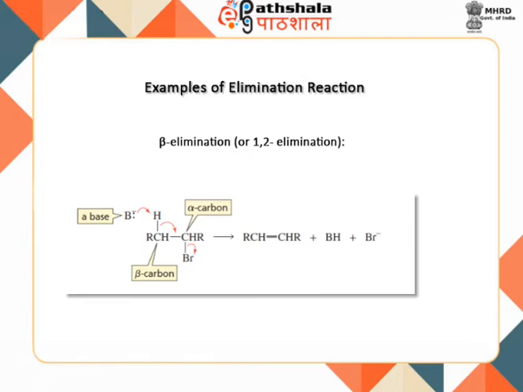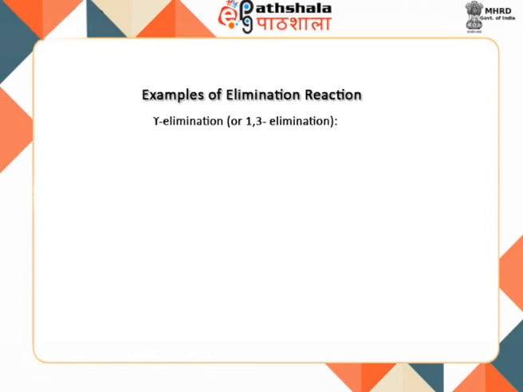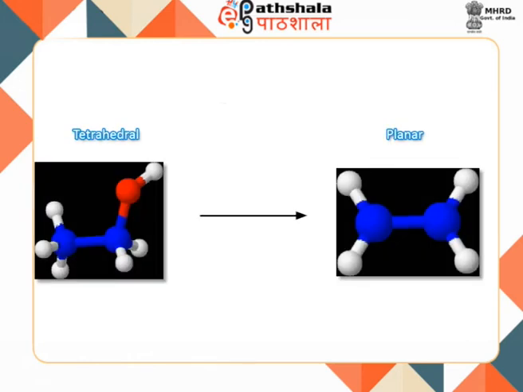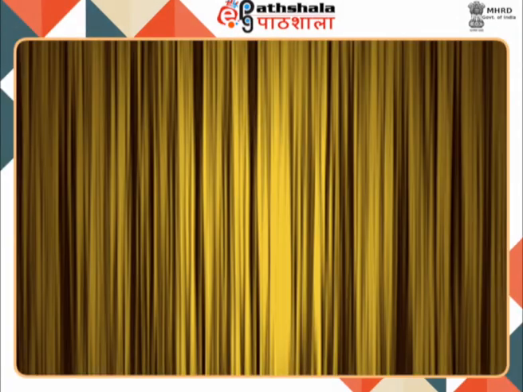Here, both the atoms are eliminated from adjacent carbon atoms. In a gamma elimination, a three-membered ring is formed as shown here. A 1,3 elimination takes place in this case. Notice that in case of alpha and beta elimination reactions, tetrahedral geometry changes to planar geometry.